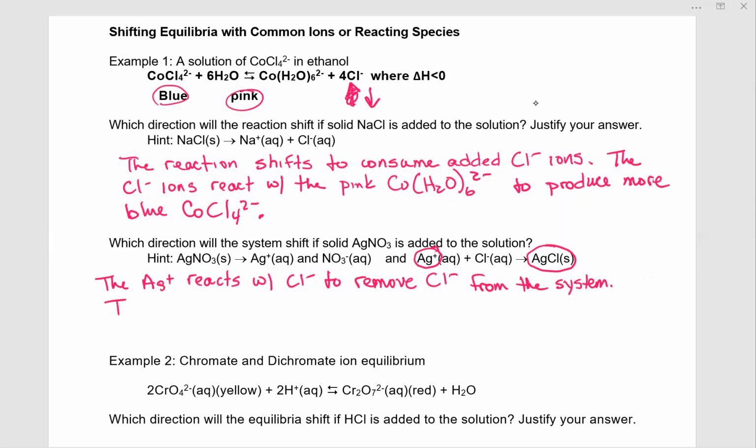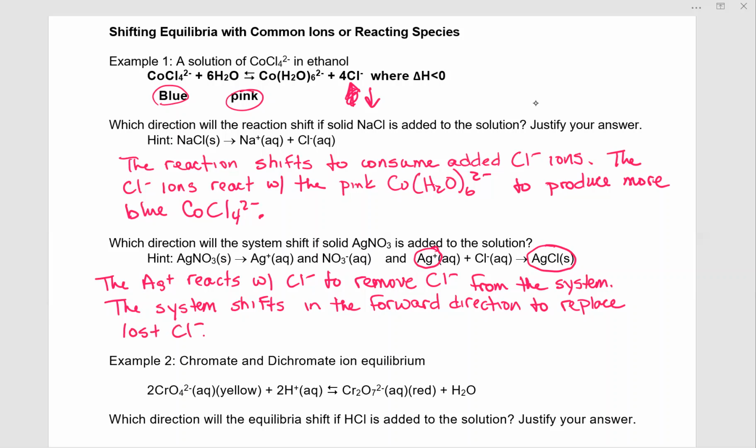The system shifts in the forward direction to replace lost Cl minus.